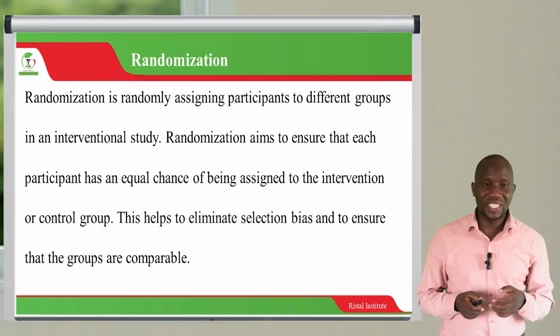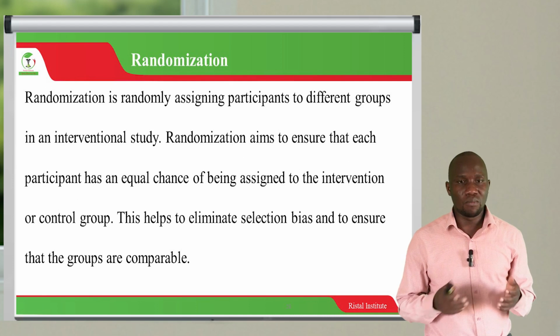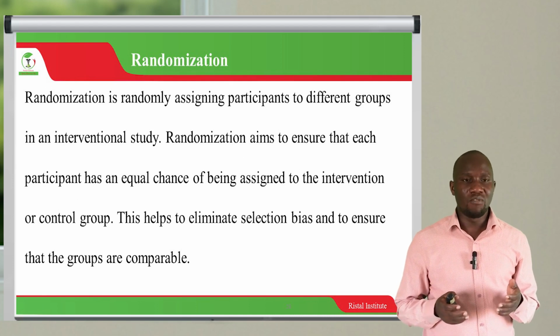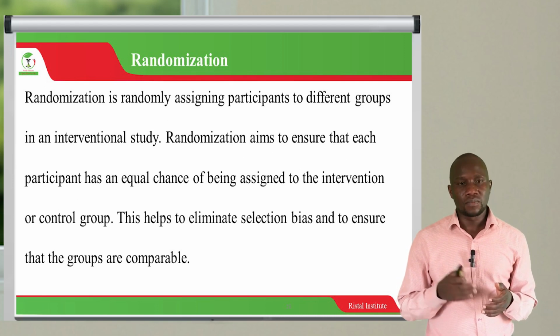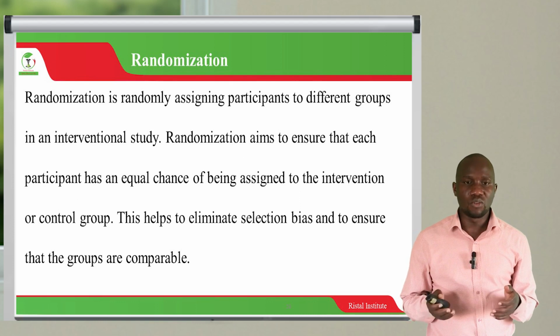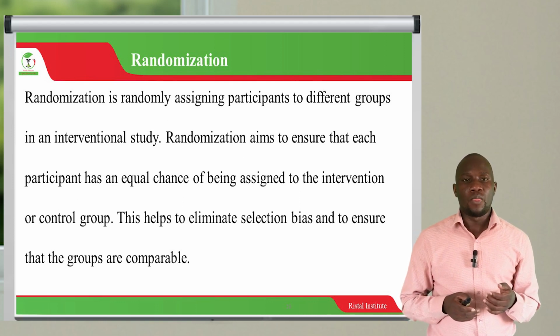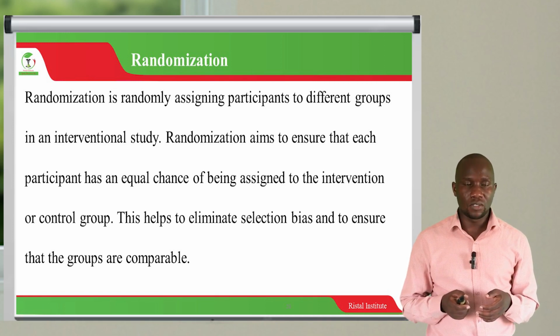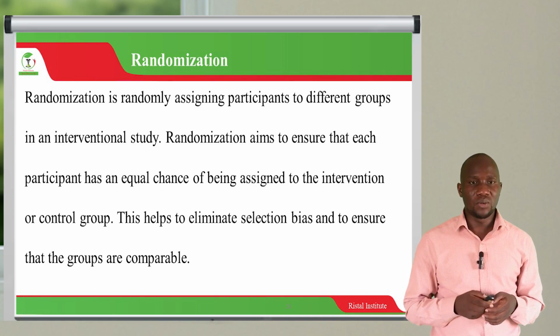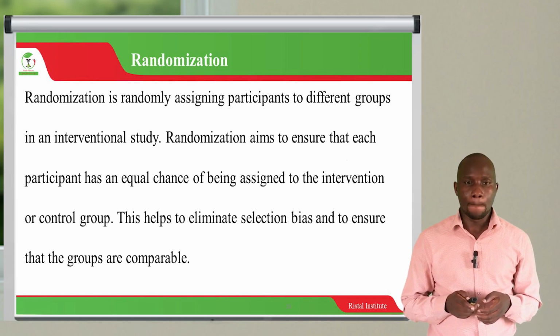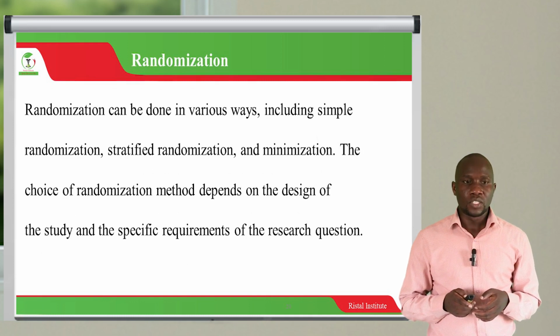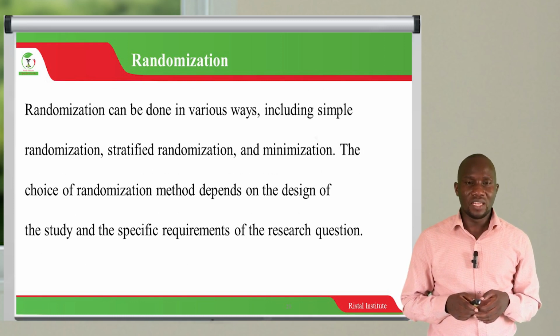Randomization, as we said, is a process where we randomly assign individuals to either the treatment or the control groups. The process should be one where each member of either group has equal chances of being in either of the groups. This is very important because it eliminates selection bias. Randomization can be done in a variety of ways.